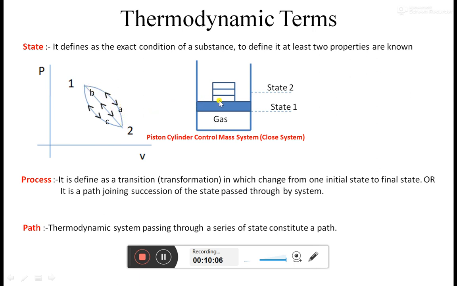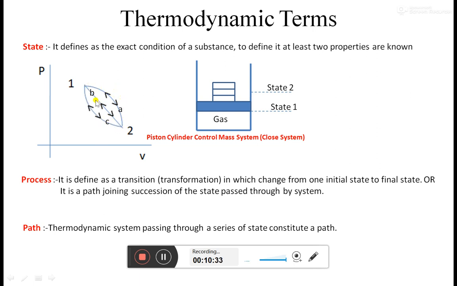Now I add those weights again. Then volume keeps decreasing and the pressure built up on the gas increases. It again comes back to state 1. So suppose in the first process the system travels by path A, and in the second process it returns by path C. So this will be your cycle.